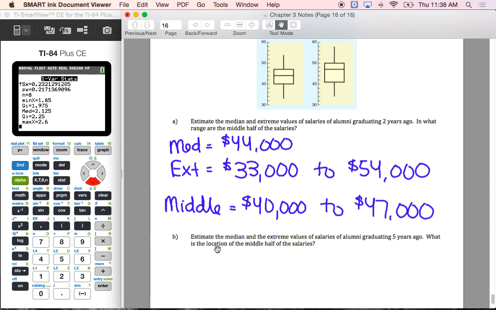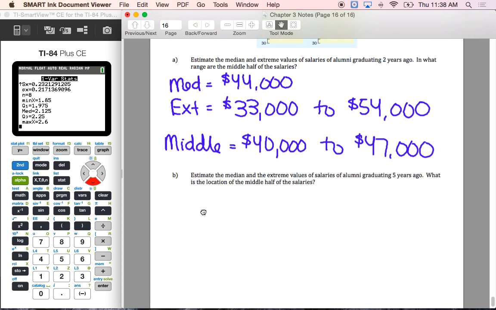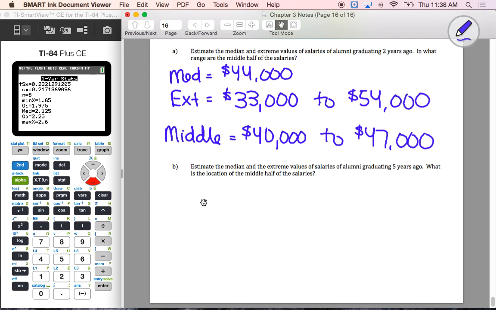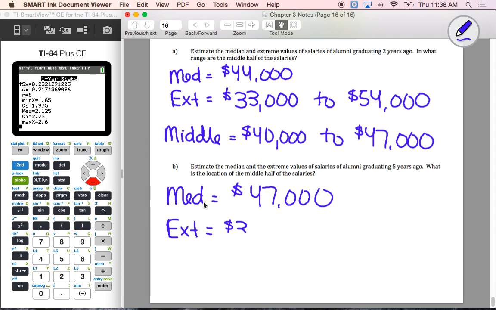Okay, so you should have numbers for medians, extremes, and the middle. So let's compare. Your median should be 47,000. Your extremes should be 34,000 to 58,000.